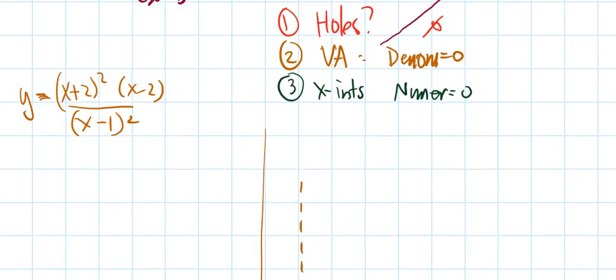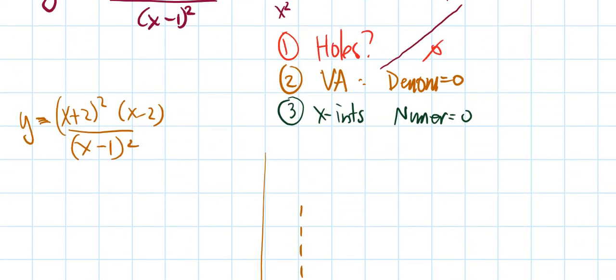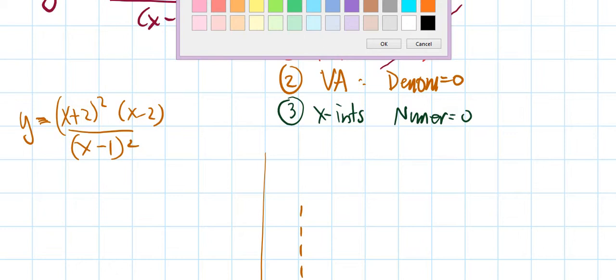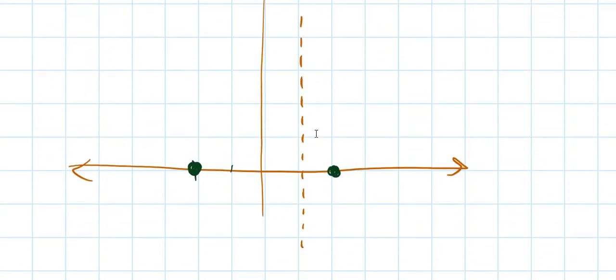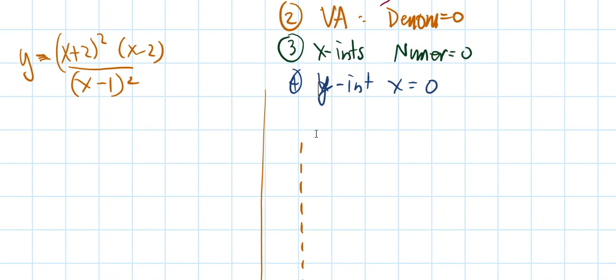All right, and then let's look at when x equals 0. When x equals 0, we're going to have our y-intercept. So when x is equal to 0, I'll do a little bit of work over here on the side.